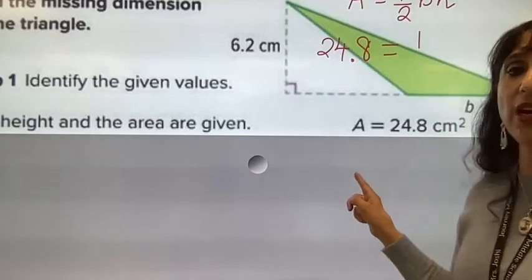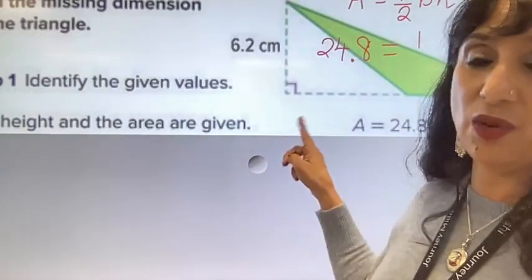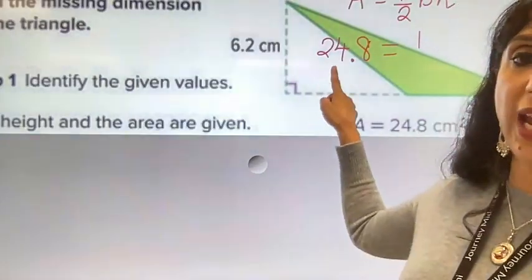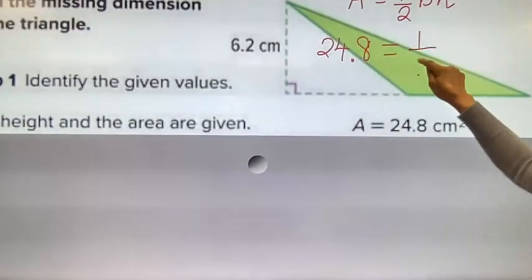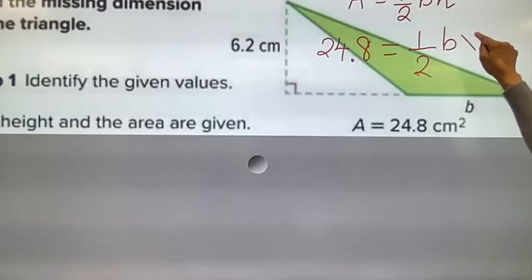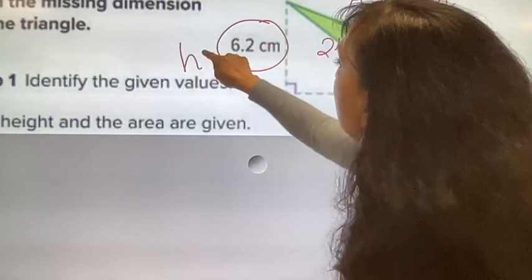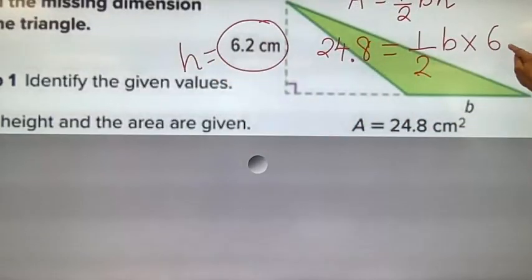It told me that area is 24 and 8/10. So I just plugged in that value. I substituted that value for A is equal to 1/2. I don't know what the base is, and I know that the height is this. This is my height, 6 and 2/10.